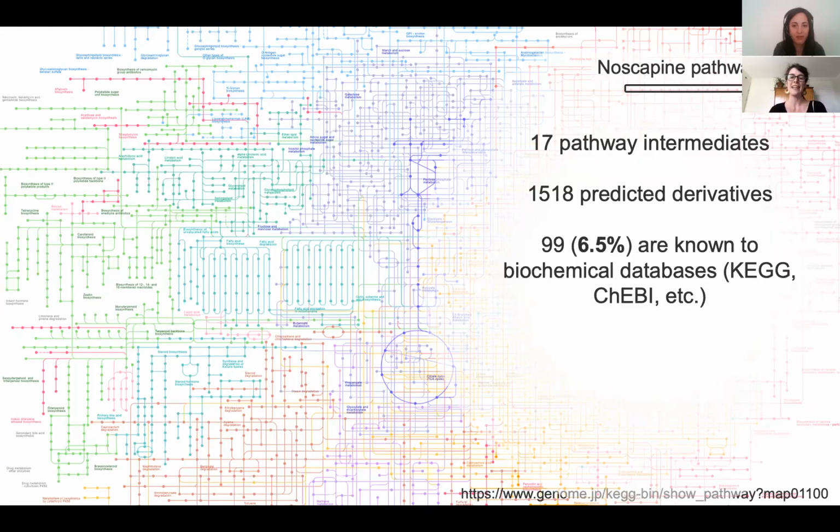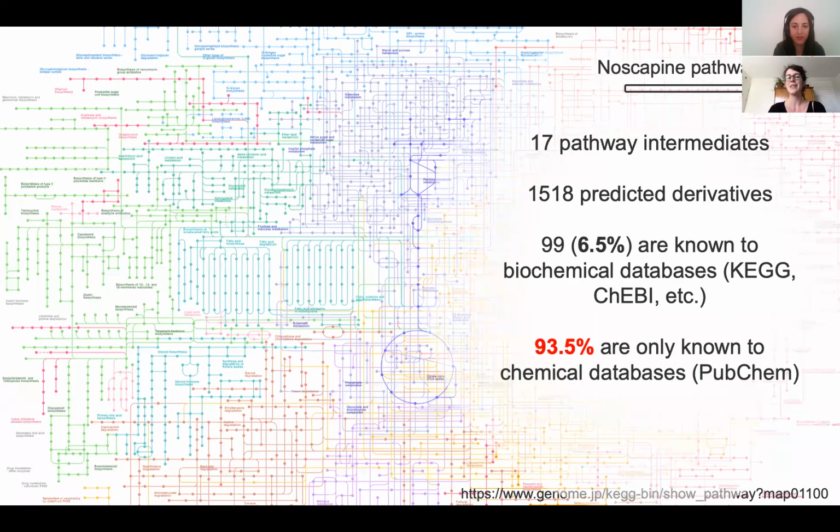And then only 6.5% of these derivatives were actually known to a biochemical database, so KEGG, for example, or similar databases. And the big majority of these molecules could only be found in PubChem, and they were not linked to any biological database.